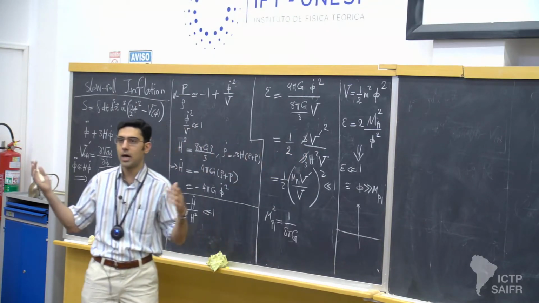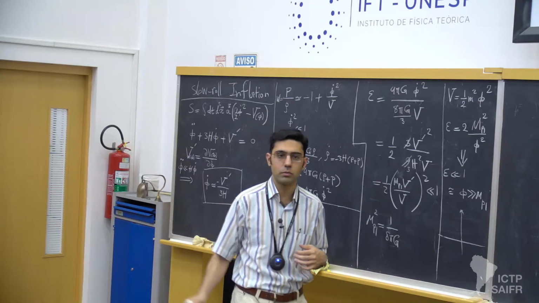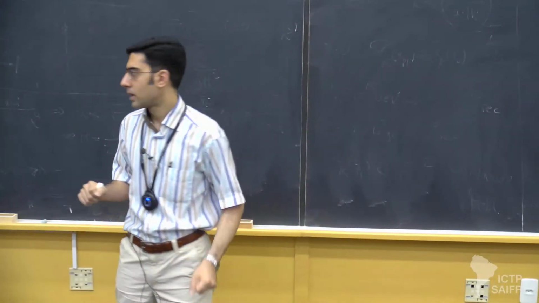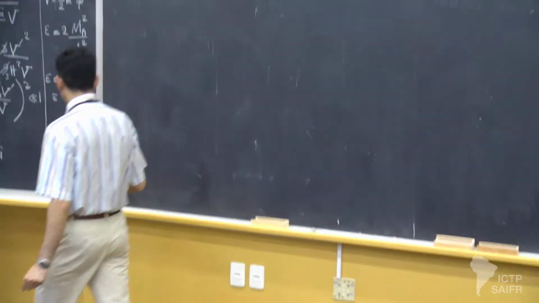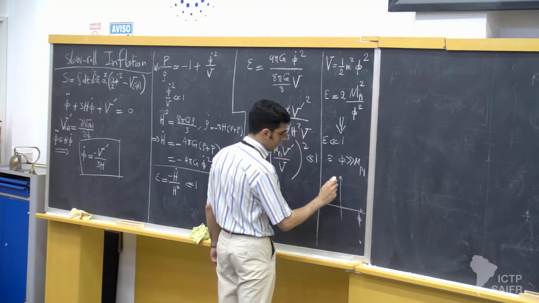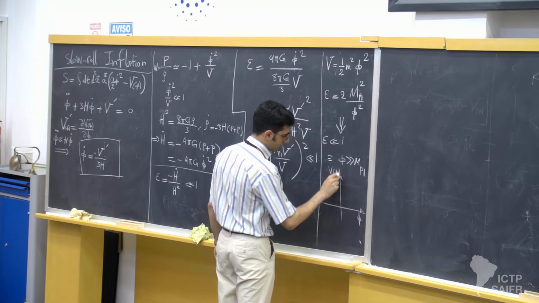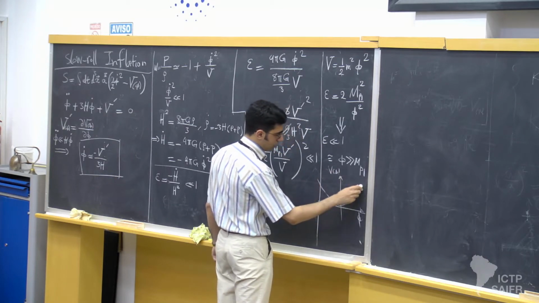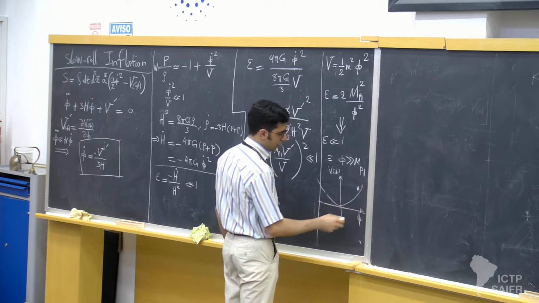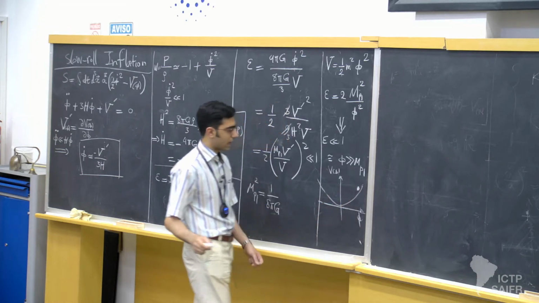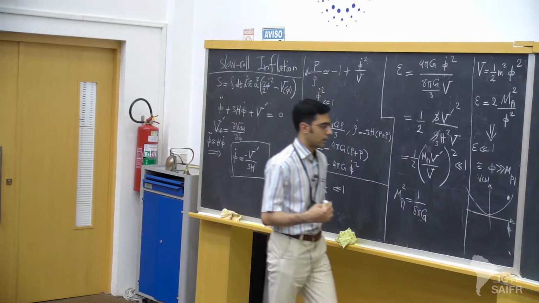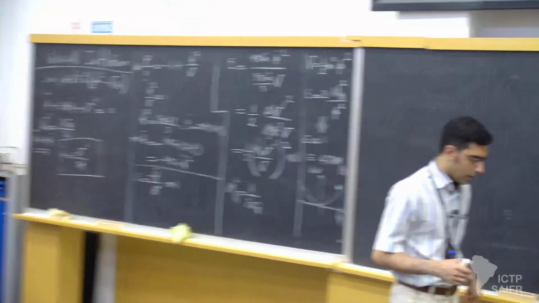If I have a simple power law, I need phi, the field, to be much larger than M Planck to get a small epsilon, or to be close to de Sitter. So if I look at this power law potential, the idea is that if I go high up on the potential, then I'm going to satisfy this slow roll condition, and I'll be near de Sitter.